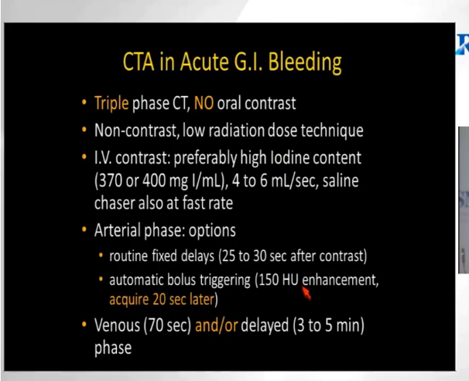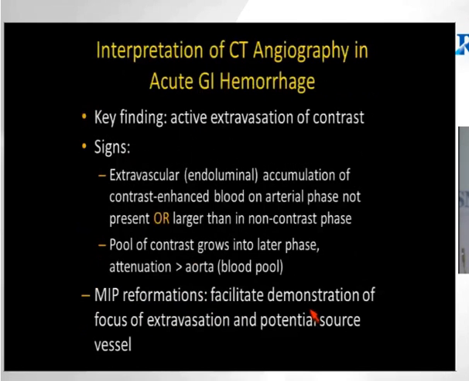We want to give contrast a little bit of time to accumulate in the lumen of the affected loop of bowel. And then we finish with a third acquisition, which can be a venous, or more often we use a slightly delayed phase at about 3 minutes to see some changes that can be important in making the definitive diagnoses.